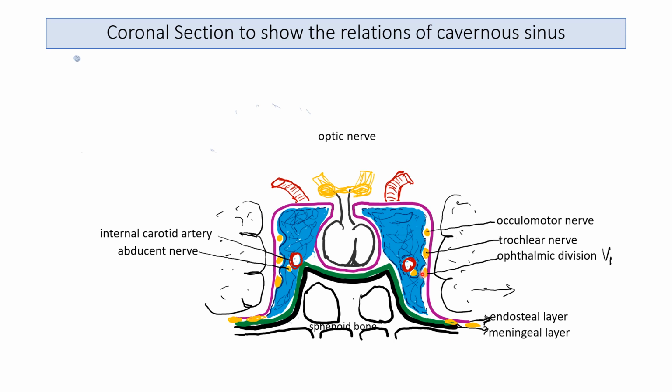So we get the symptoms related to the abducent nerve first. That is why in the case I gave in the beginning, the lady is complaining of inability to move the eyeball laterally. It is the initial stage of the thrombosis, and the abducent nerve is affected. Later we can get symptoms because of involvement of the oculomotor nerve, trochlear nerve, and sensory symptoms because of involvement of the ophthalmic division.